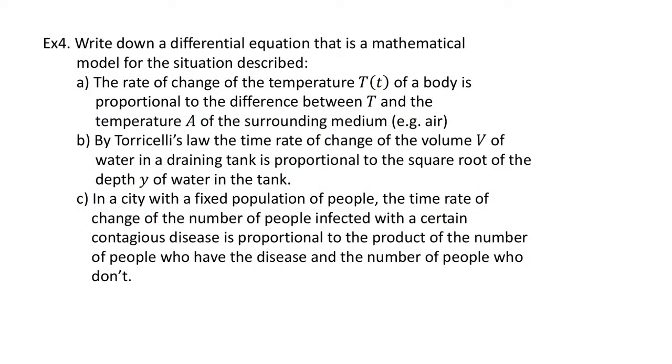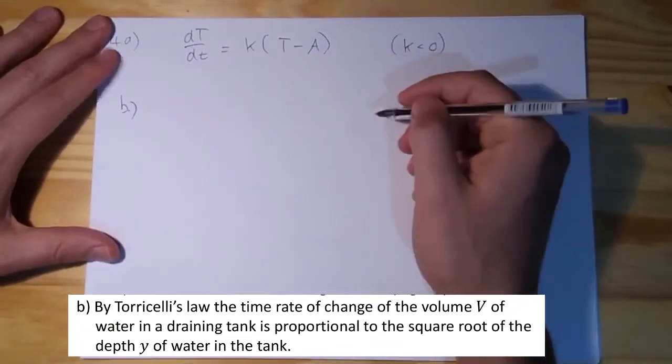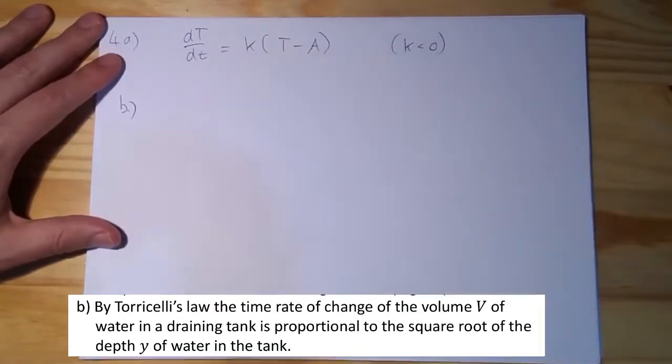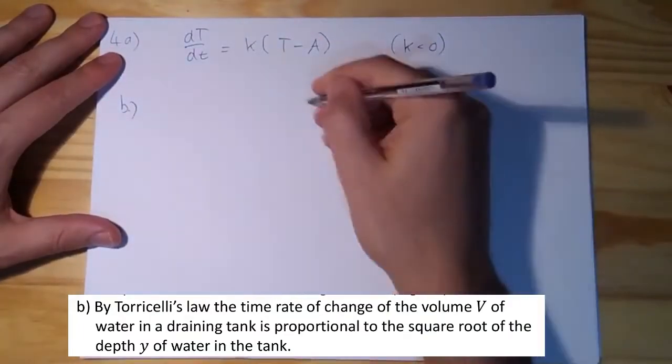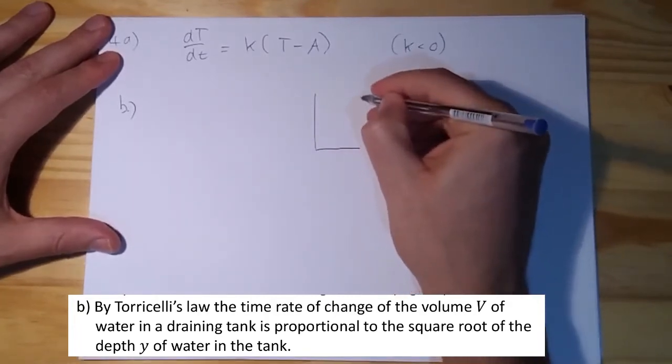B, all right, so Torricelli's law, that the time rate of change of the volume of water in a draining tank is proportional to the square root of the depth of water in the tank. Well, it's not stated, but it's pretty clear that has to be the depth from the outlet.